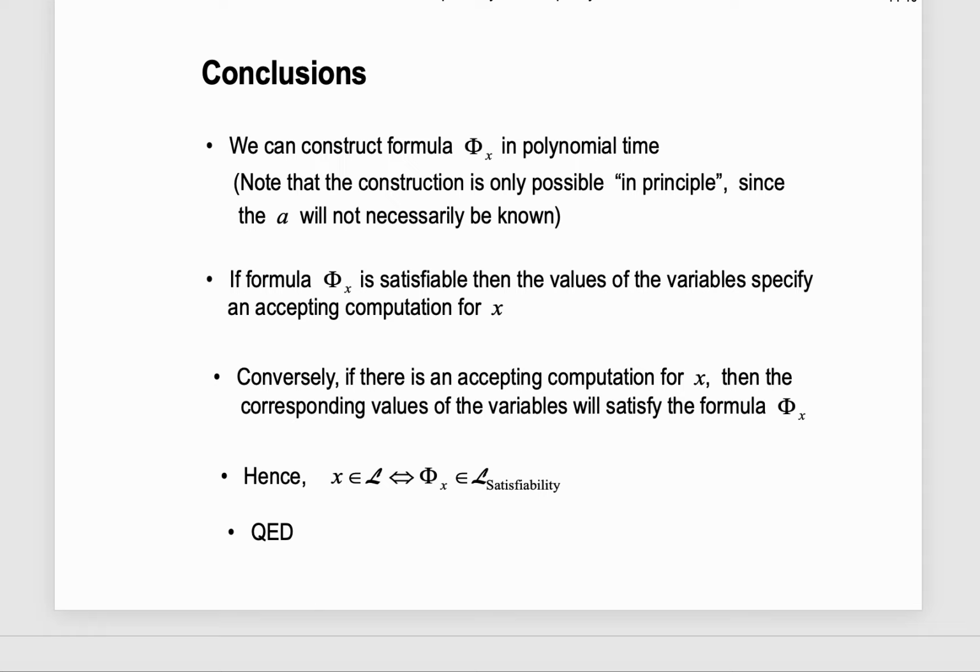Conversely, if there is an accepting computation for x, then the corresponding values for the variables will satisfy the formula. Hence, x belongs to language A if and only if the formula belongs to the language of satisfiability. This is Cook's theorem, hence proved.